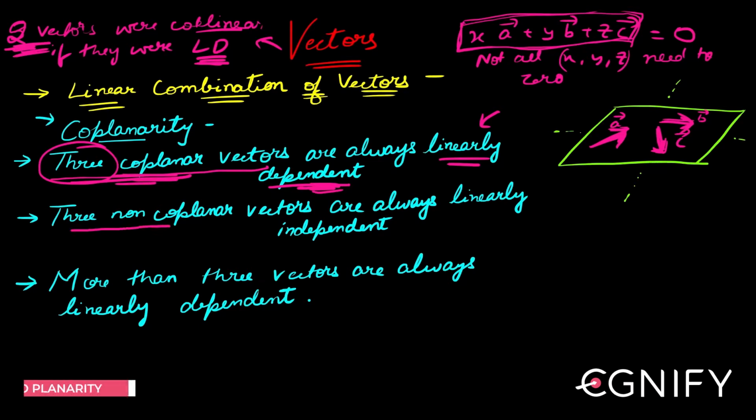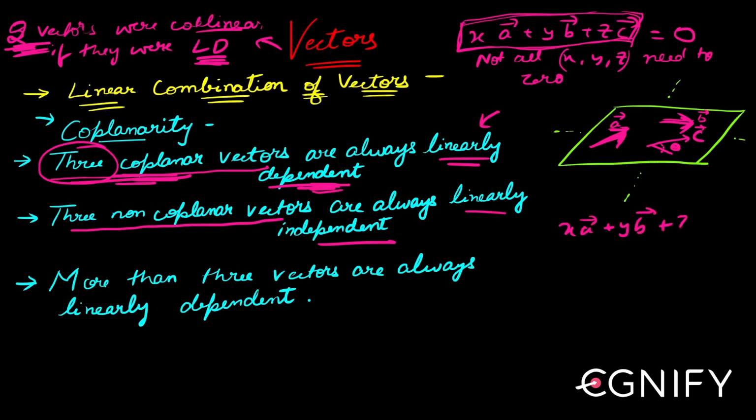Likewise, three non-coplanar vectors are always linearly independent, right? So if I take this c and make sure that it points outside the plane, so the plane is here and it points outside the plane at an angle theta, then if I take the linear combination, what will happen?